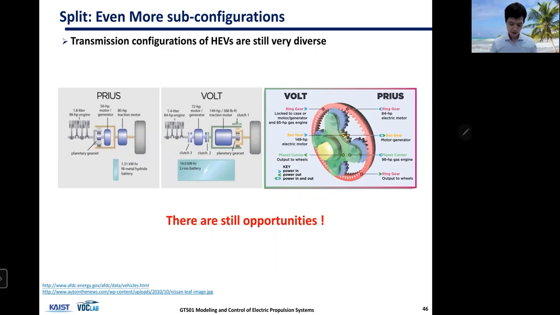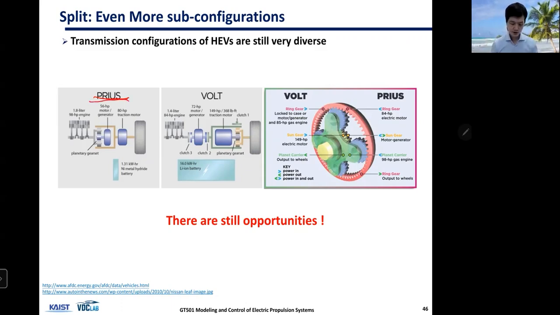But this Prius architecture is an old architecture, and they do not have this multi-mode two-motor EV mode. So you can think of this as a blended type.